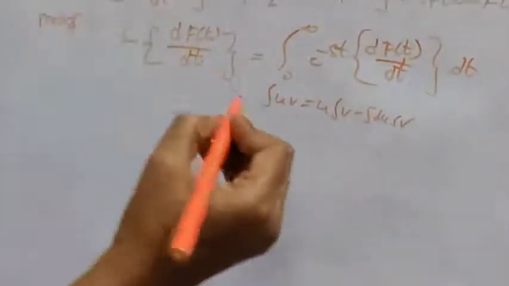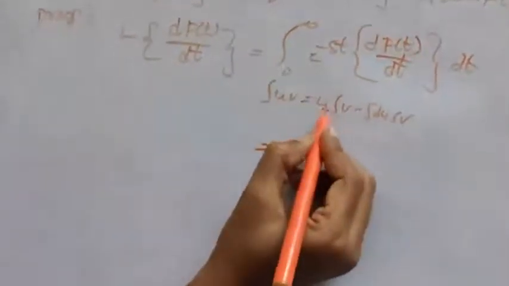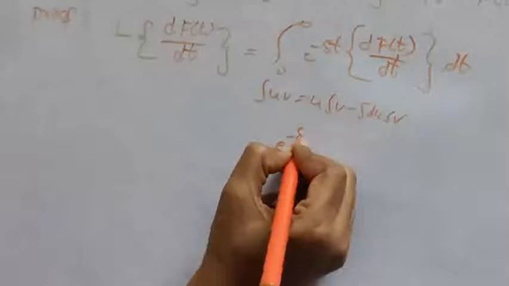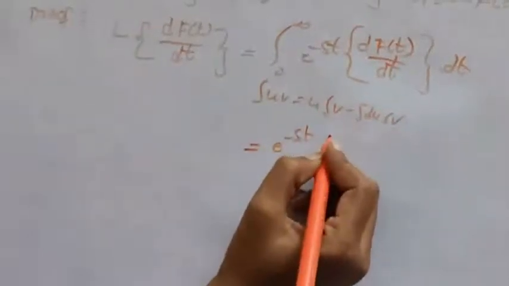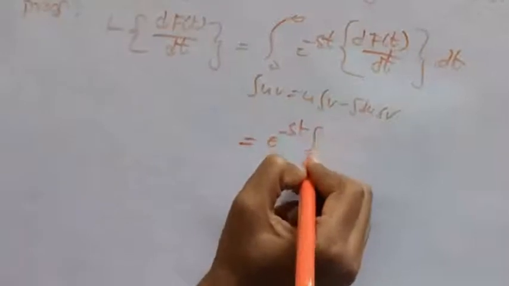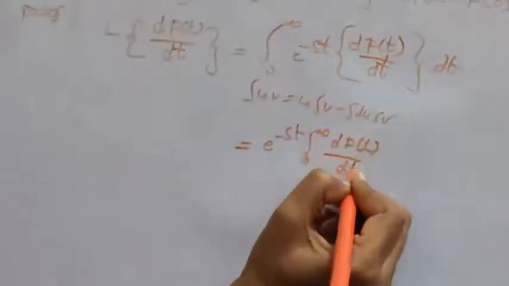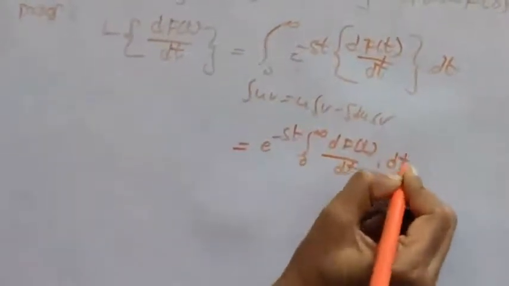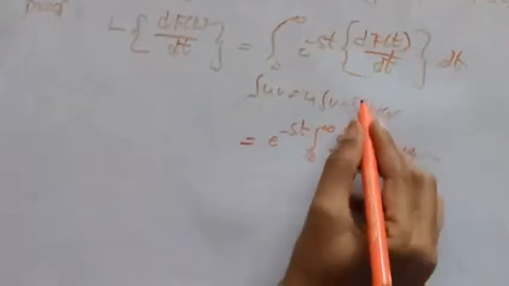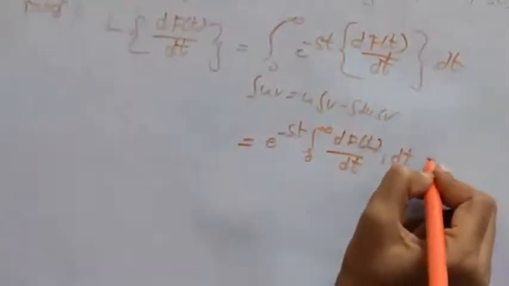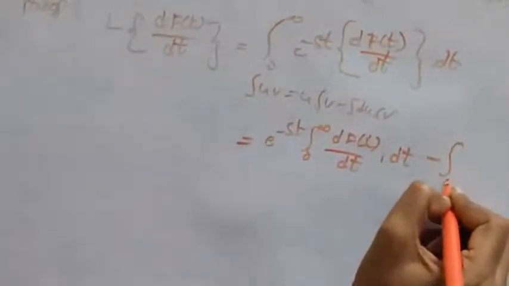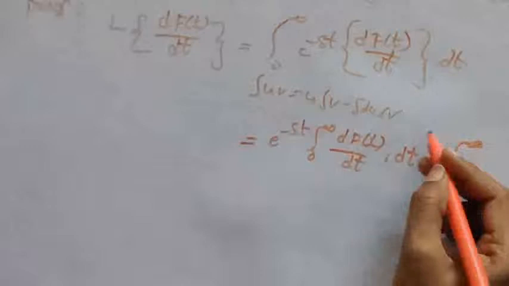So by applying this integration by parts formula, what will you get? U, in the sense e power minus st, remains like that only, into integral v. Here integral v is 0 to infinity df of t by dt into dt, minus integral 0 to infinity differentiation of u.